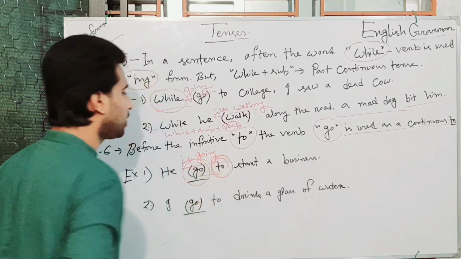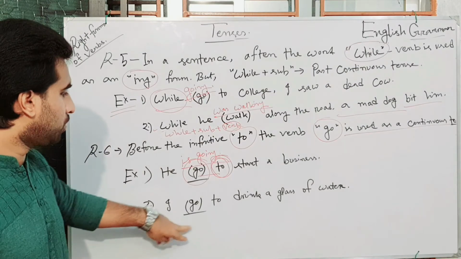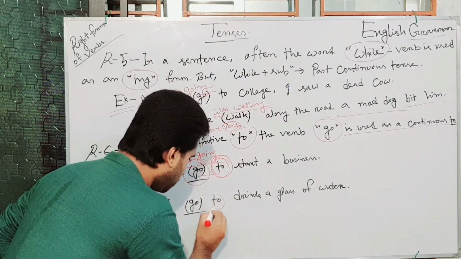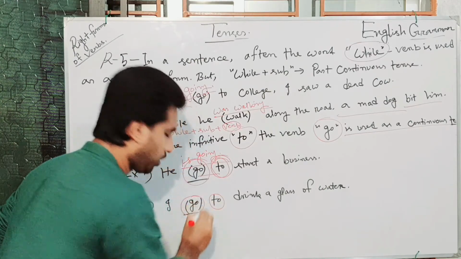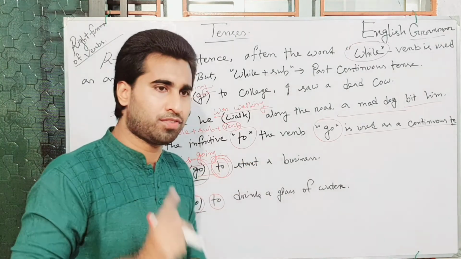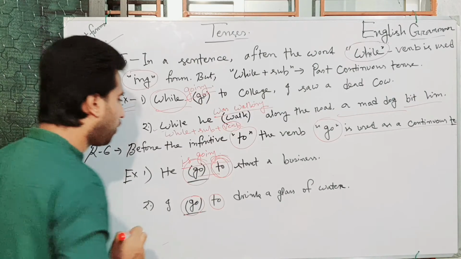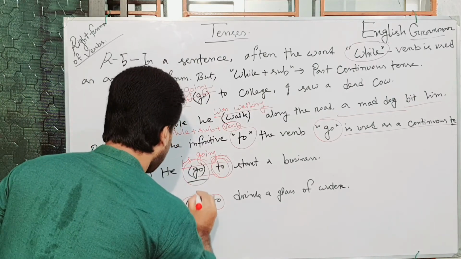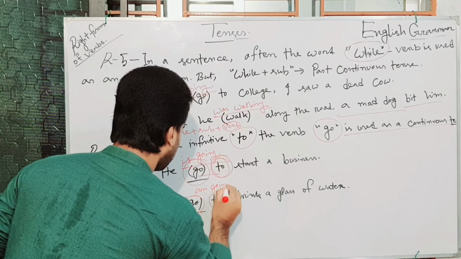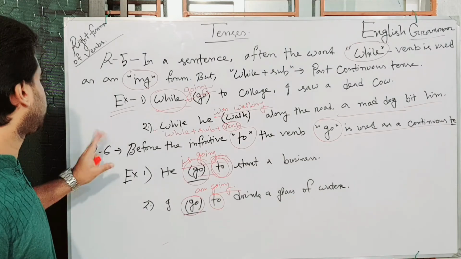He is going to start a business. The second one is "I go to drink a glass of water." Here is also "to." Before it, we have to use go in the continuous form. So, I am going to drink a glass of water.